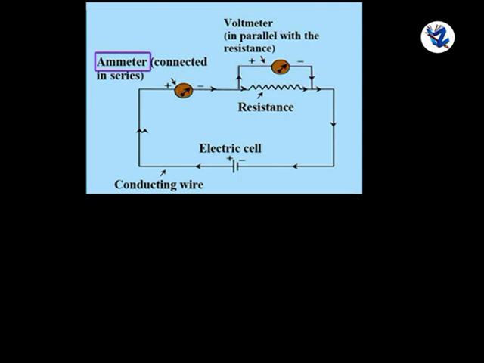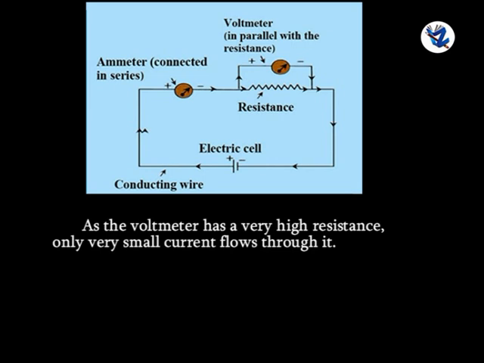Here, an ammeter is used to measure current and a voltmeter to measure the potential difference between the two ends of the resistor. As the voltmeter has a very high resistance, only a very small current flows through it.